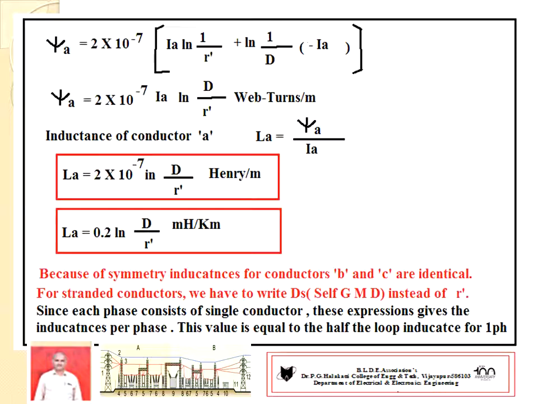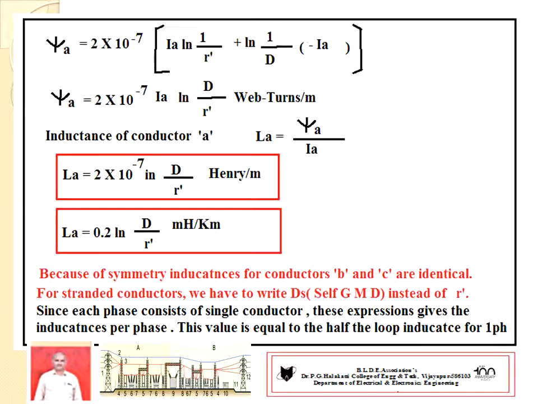So once you know the flux linkage of conductor A, and the amount of current flowing in conductor A, it is possible to calculate the inductance of conductor A. So LA equals flux linkage of conductor A divided by the current flowing through conductor A, IA.